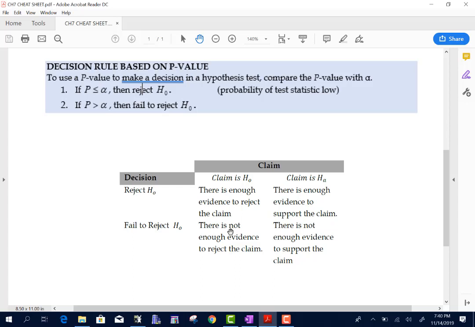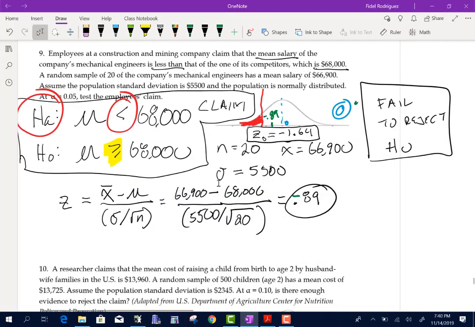Okay, we're either going to say there's not enough evidence to reject the claim, or we're going to say there is not enough evidence to support the claim. My question to you: was our claim the null or the alternate? The alternate, the HA, right?